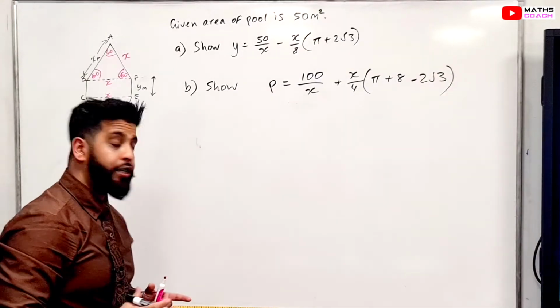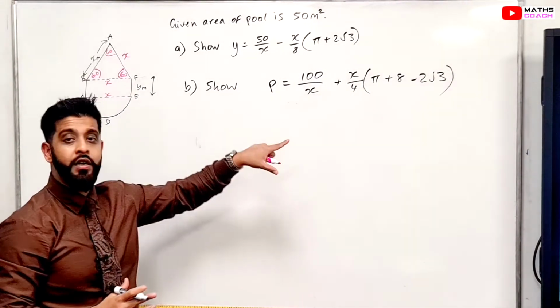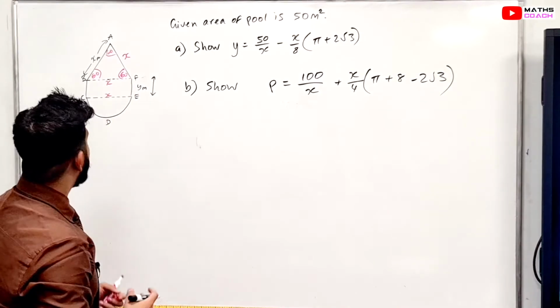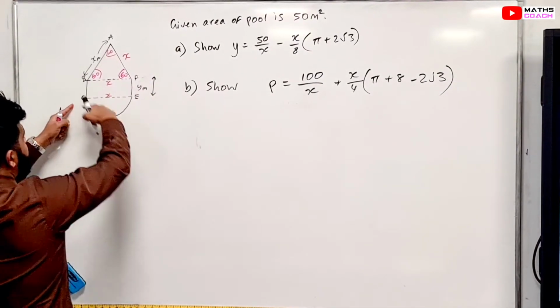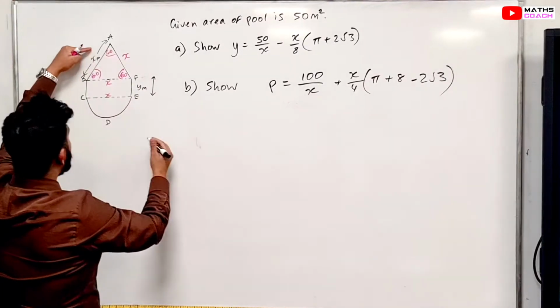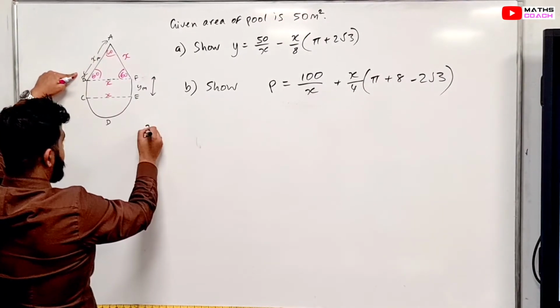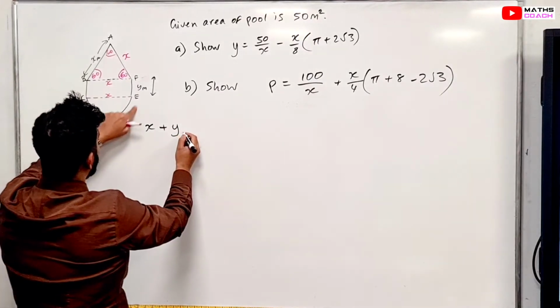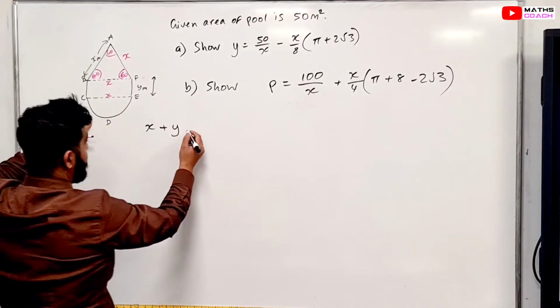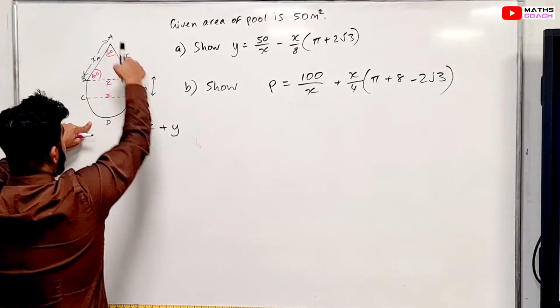Now the next part of the question says to do the same thing, but this time with the perimeter. So let's begin. Let's work out an expression for the perimeter of this. So we know that x plus this, which is y, plus half the circumference. So let's just add the rest of the x values in.